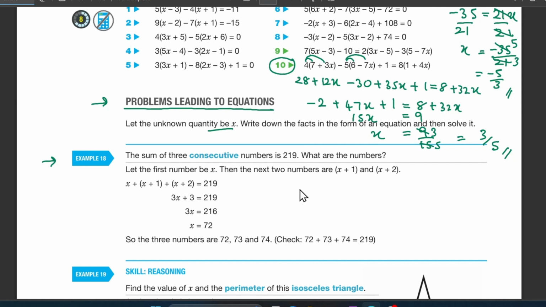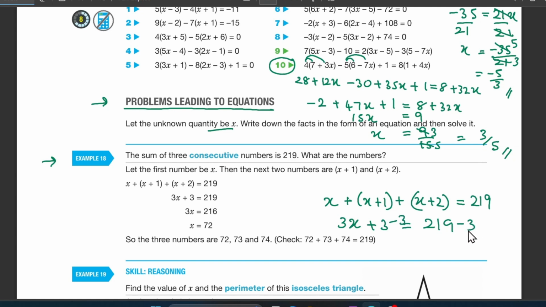So if we take the first number as x, the second number we can write as x plus 1, and the third number as x plus 2. That's equal to 290. Then without the brackets we can add all the x's, 3x plus 3 equals 290. Getting rid of this 3, then 3x equals 216. X equals 72.